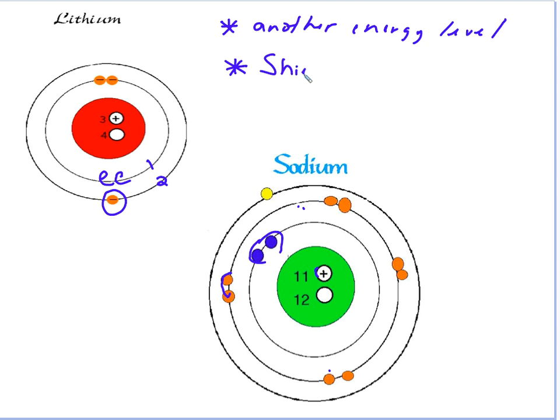So the shielding effect is when you have inner electrons shielding the outer electrons from the nucleus. The shielding increases going down a group.